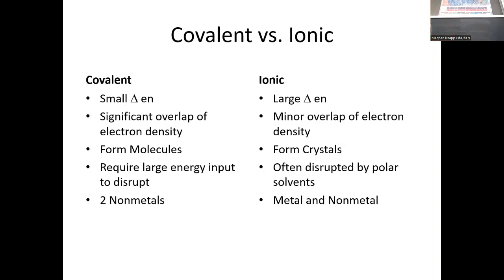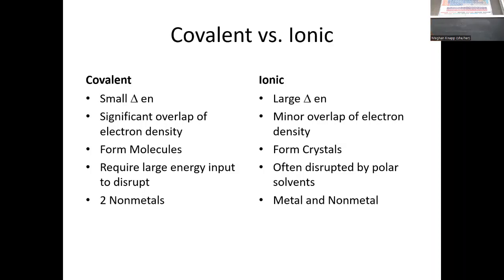So it's often easy to just have a polar solvent like water, and that can get in between them. So you don't have to put a lot of energy in order to dissolve sodium chloride. Sodium chloride, table salt. We can get water molecules in between the sodium atom and the chlorine atom very easily. So much less energy to break apart that ionic interaction than the covalent interaction between the hydrogen and the oxygen.